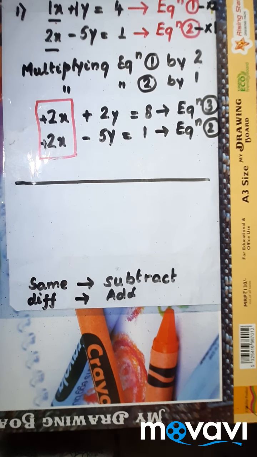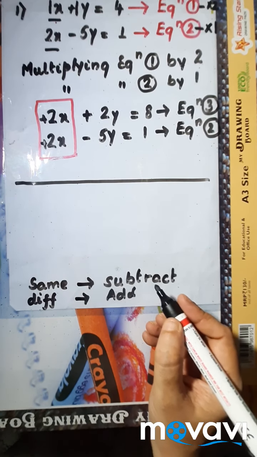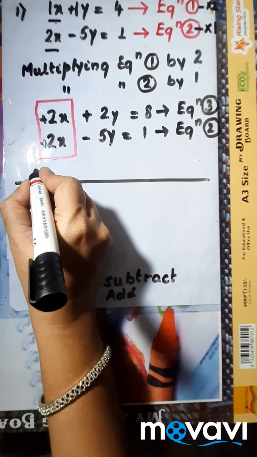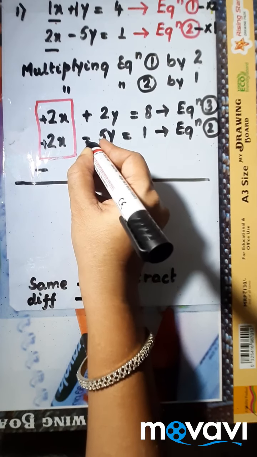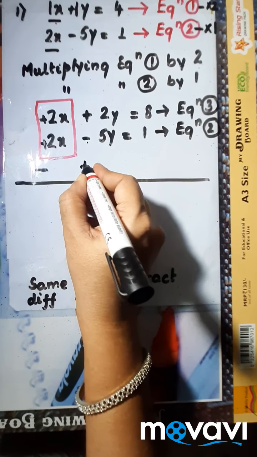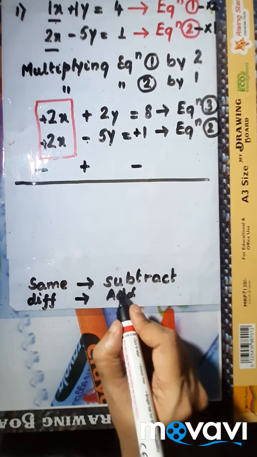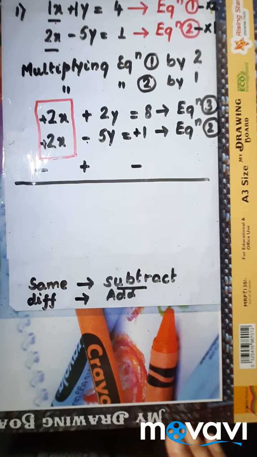So if the signs are the same, I must subtract, and if the signs are different, I have to add both the equations. Okay, so now let us see subtracting. Subtracting means changing the sign. This is plus, so I'll make it minus. This is minus, so I'll make it plus. And this is plus, so I'll make it minus. I have to subtract, means I have to change the sign.